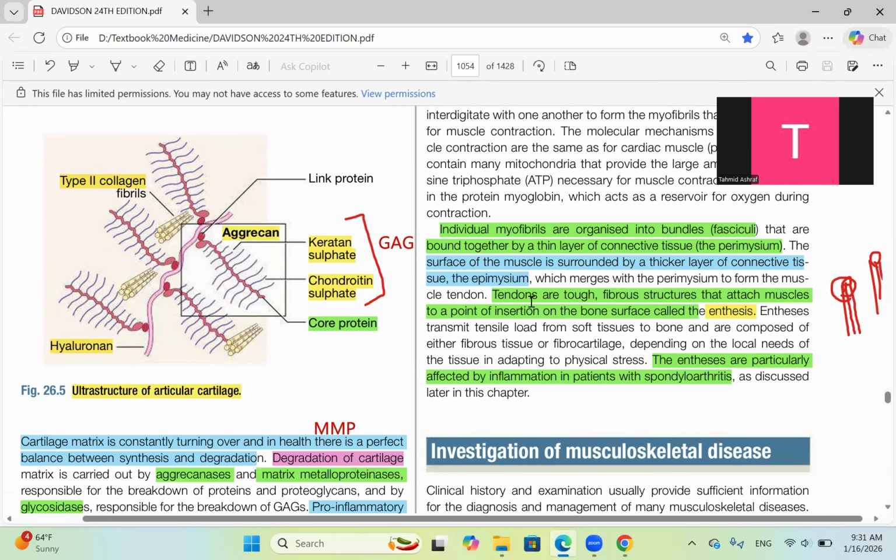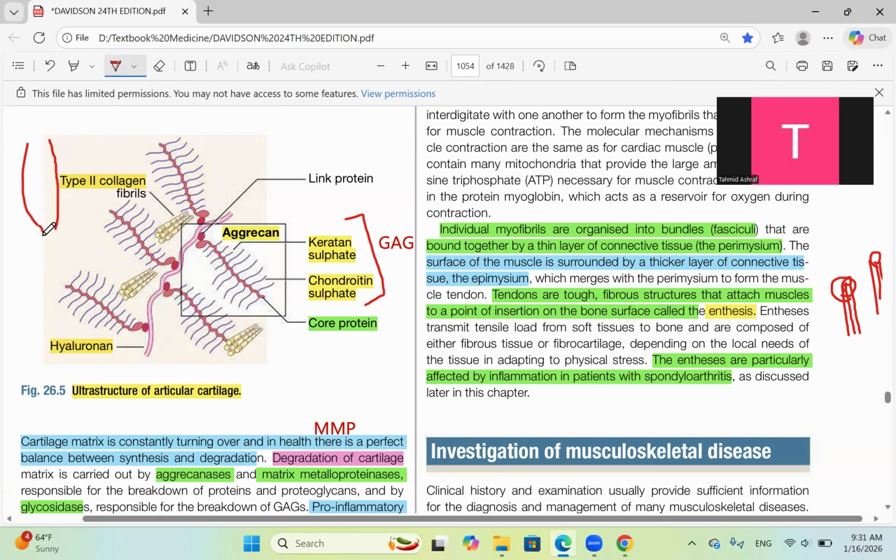Next, about tendons. Let me tell you simply, if this is a muscle I'm drawing here, muscles have origins and insertions. From one area the muscle originates, and then to another area it inserts.